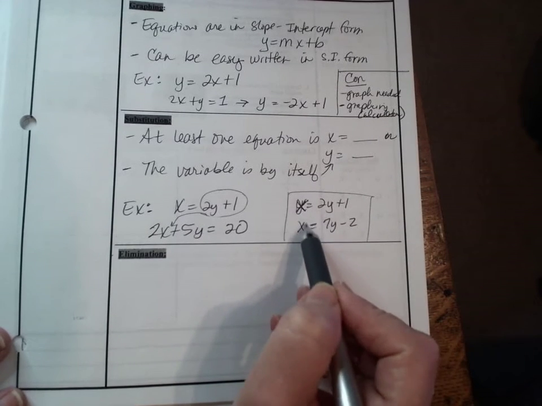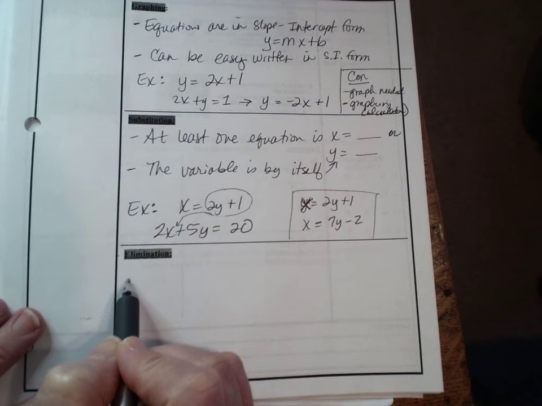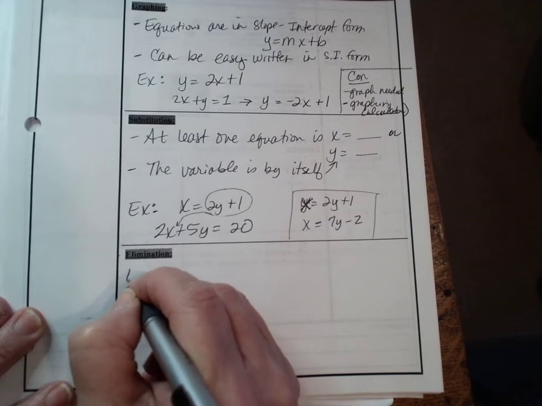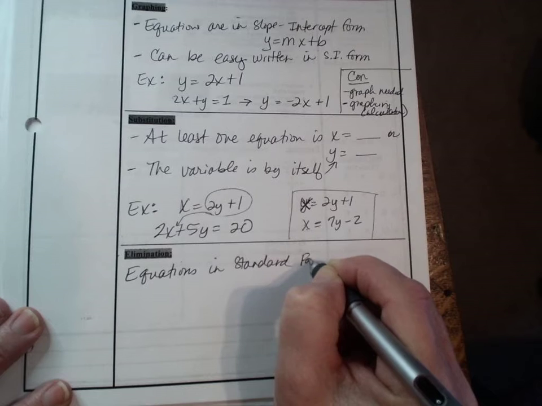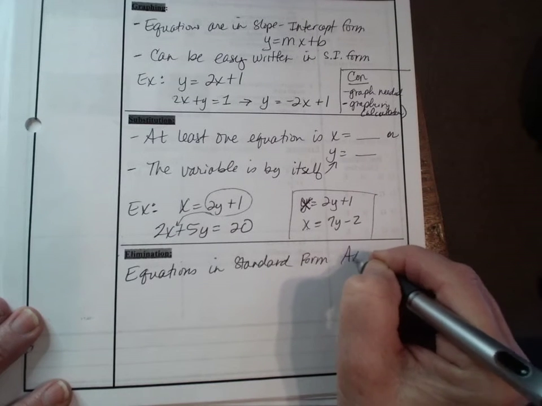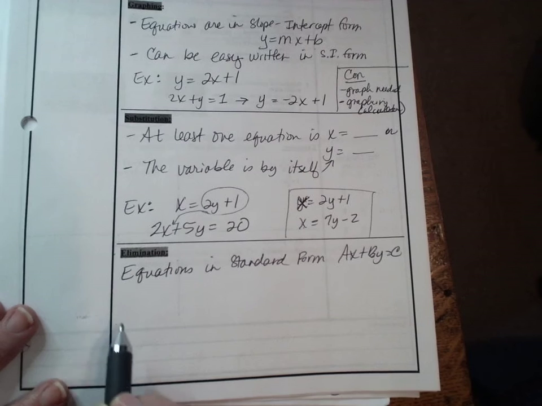Okay, so remember to do elimination, we want the equations in standard form. Standard form is ax plus by equals c. That's what we call standard form.